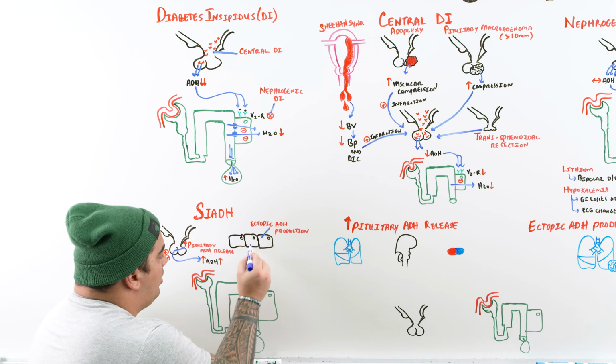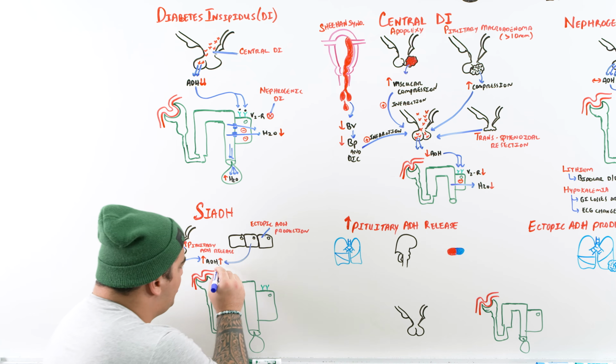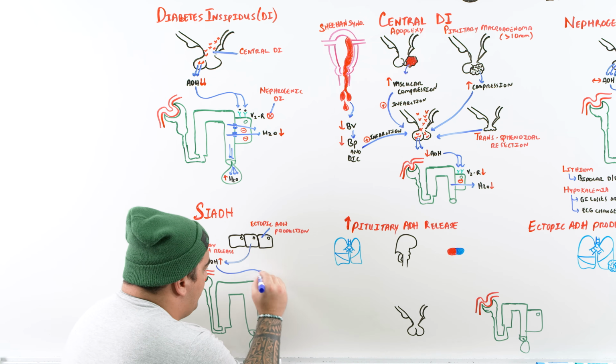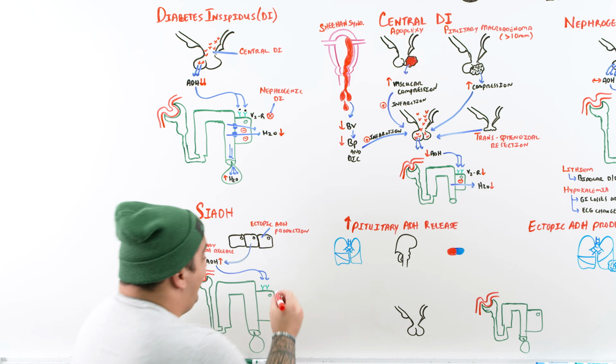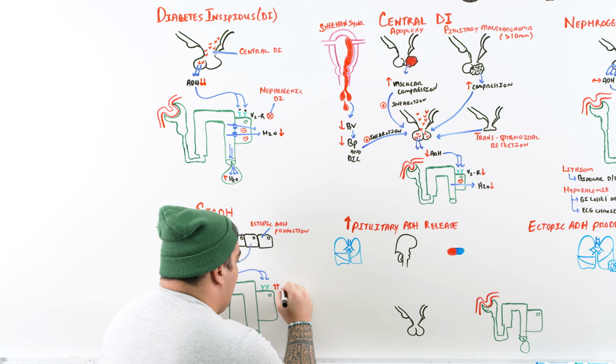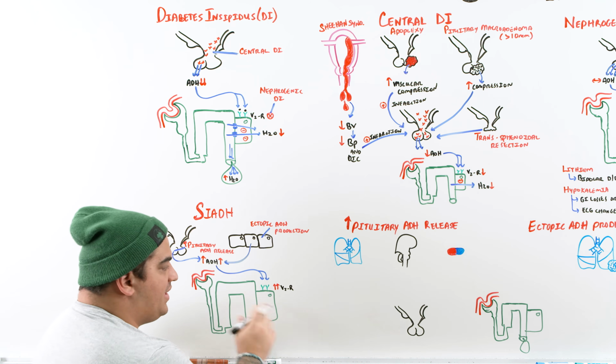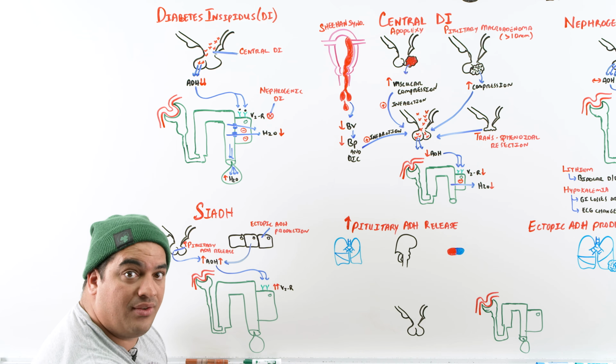But either way, in both of these scenarios, ADH is being released in too high of an amount. When ADH is released in high amounts, it really stimulates these V2 receptors. Now, the V2 receptors, when hyperactivated, will then increase the expression of aquaporin subunits.